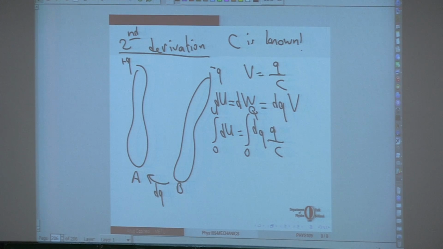So that is the work we are discussing now. The charge is moving against the electric field. So this also tells me that U is equal to 1 over 2 Q squared over C, which is equal to 1 over 2 Q times V, since Q is equal to CV. It's the same result.